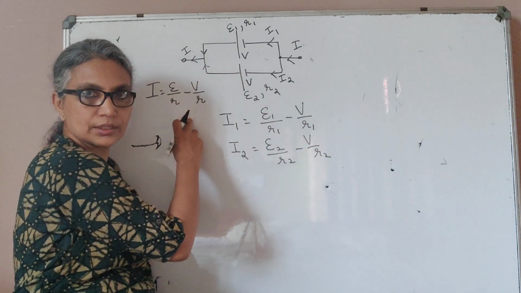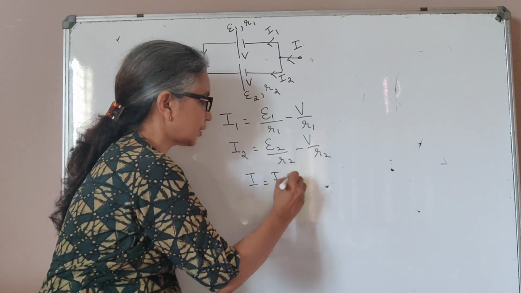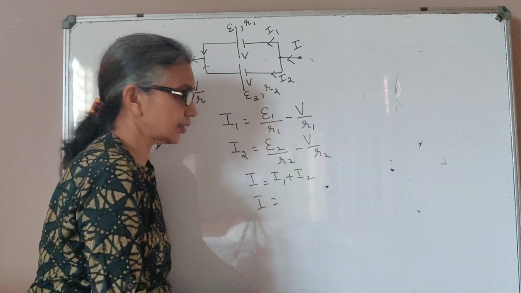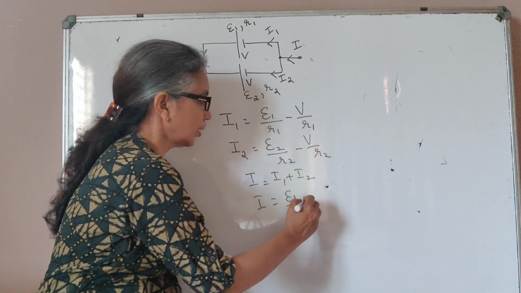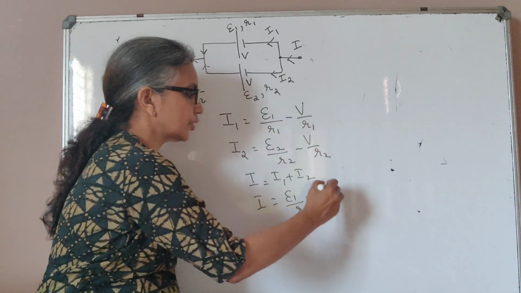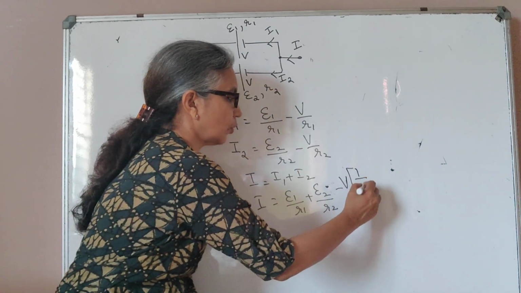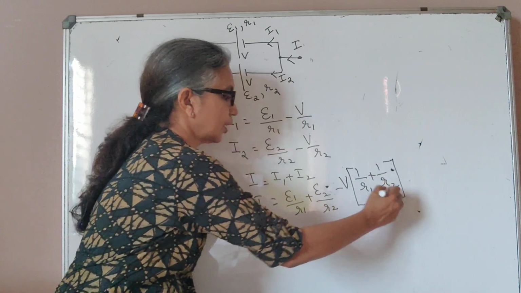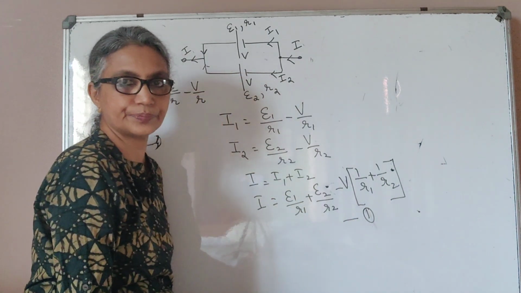The total current I we know is I1 plus I2, and so the total current I may write as E1 by R1 plus E2 by R2, and this minus V I will take common outside, so that in the bracket I have 1 by R1 plus 1 by R2, and I close the bracket and I will take this as my first equation.